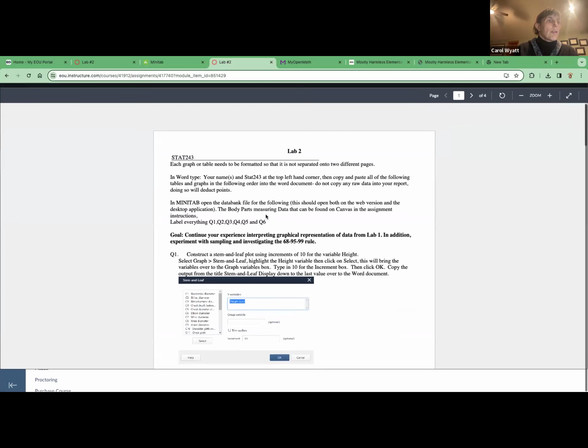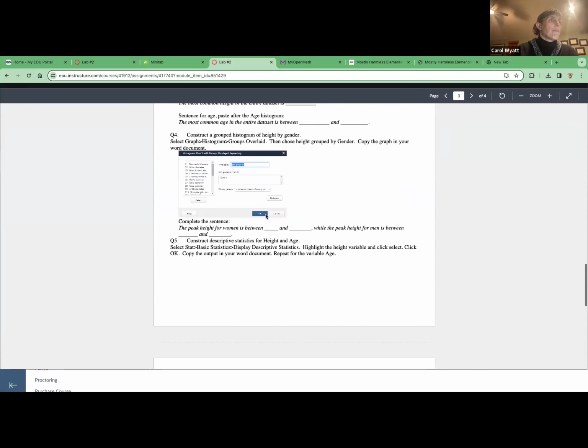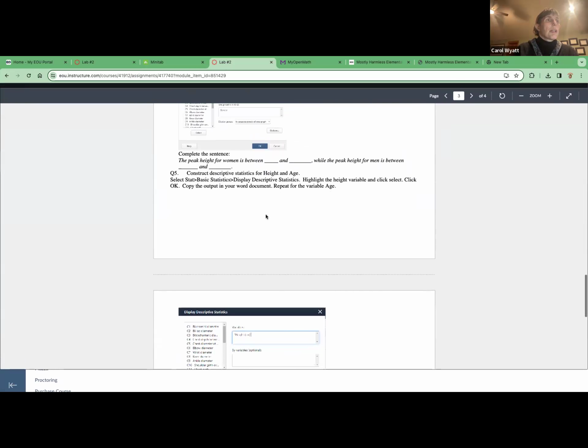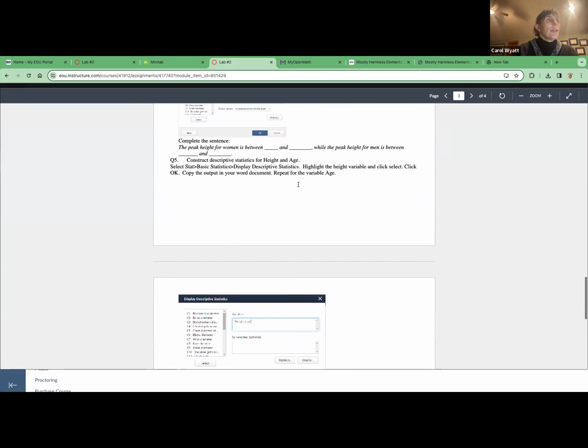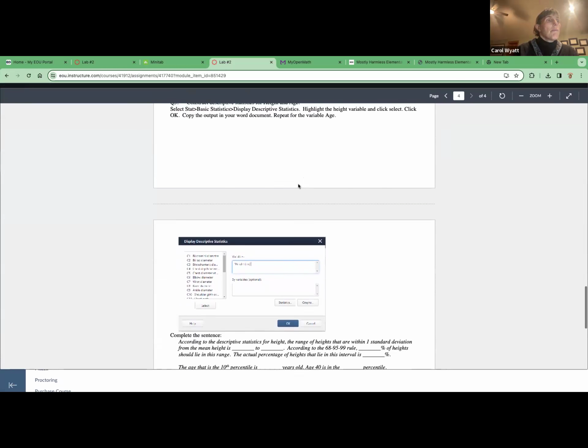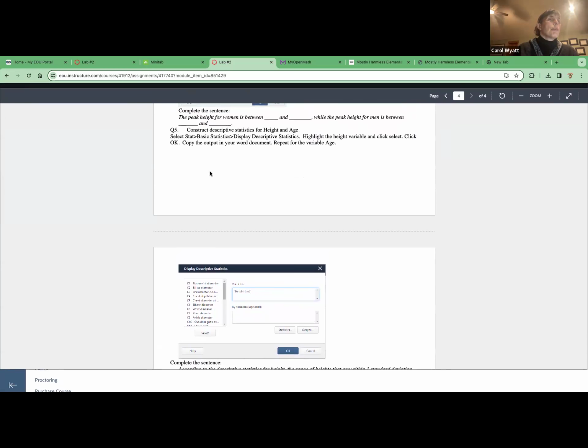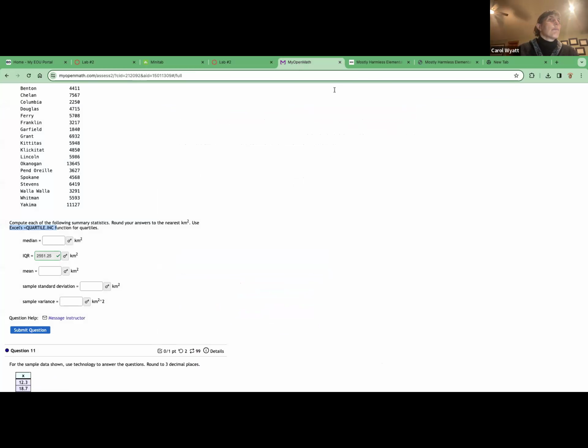All right, so question 5. Construct descriptive statistics for height and age. So we're going to do that and then click OK and put it out. So here we go.